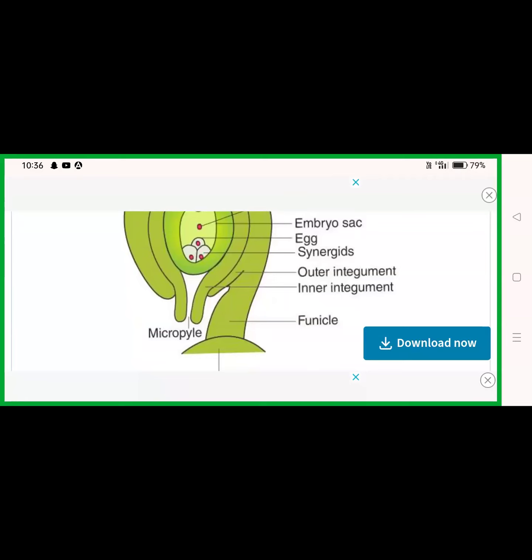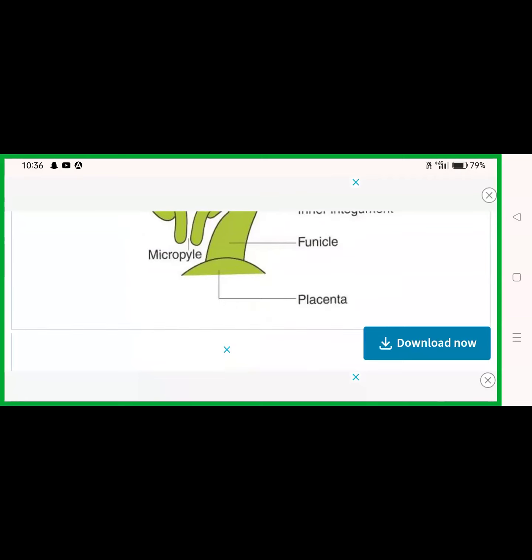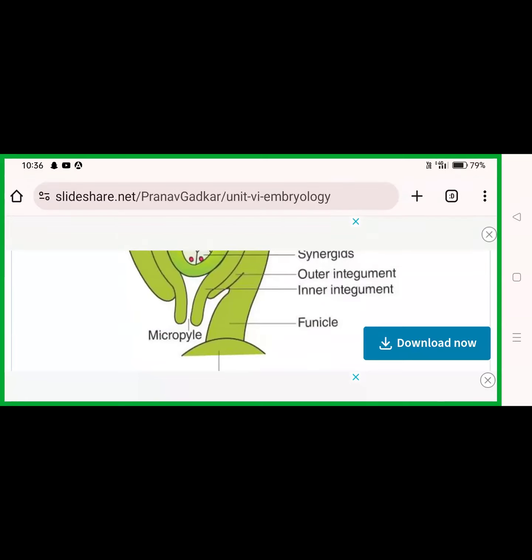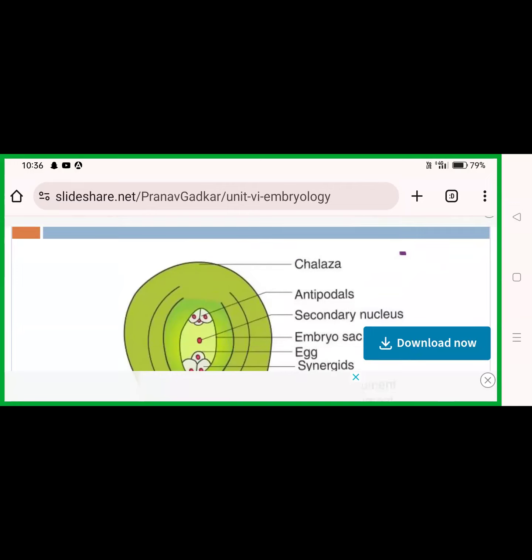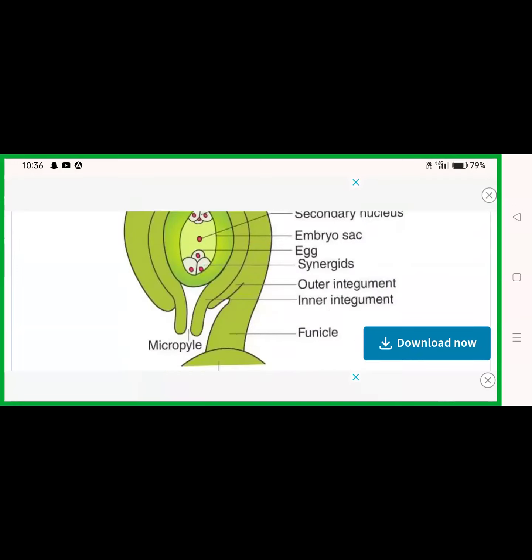See here, this is the placenta, micropyle, funicle, and chalaza. The integuments leave a small opening at the apical end, called the micropyle, and the nucellar tissue forms the female gametophyte, also called the embryo sac.